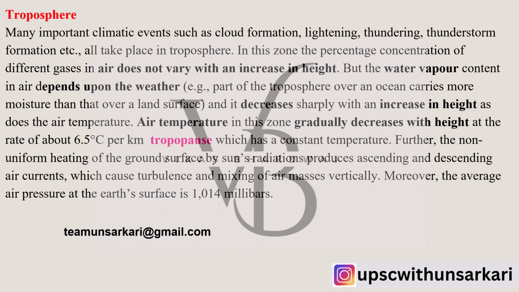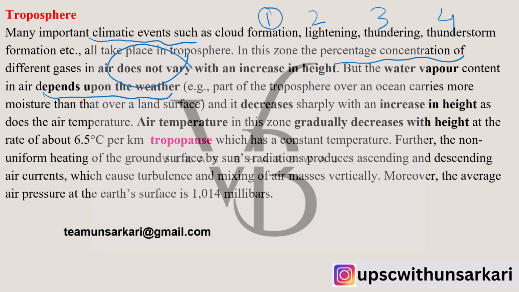First, let's see the troposphere. Many important climatic events, including cloud formation, lightning, thundering and thunderstorm formation, all take place in the troposphere. The percentage concentration of different gases in air does not vary with an increase in height, but we have to understand the water vapor content in air depends upon weather.